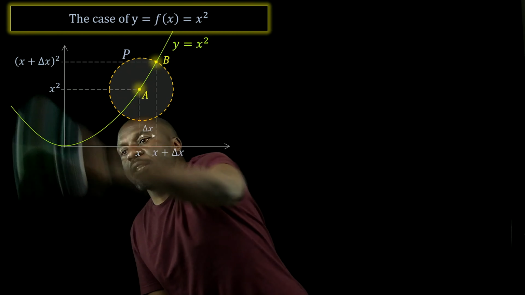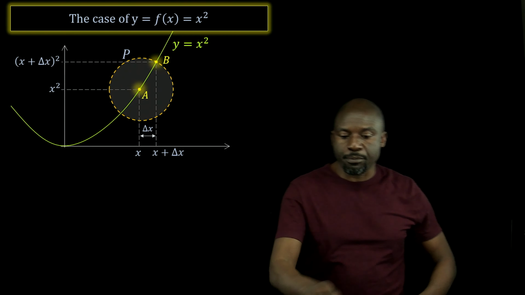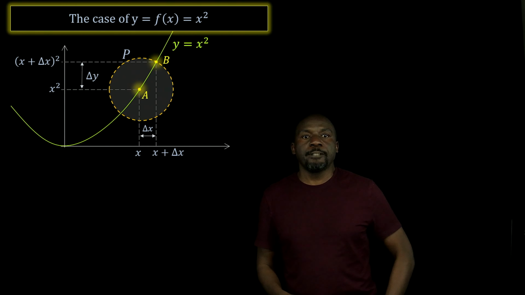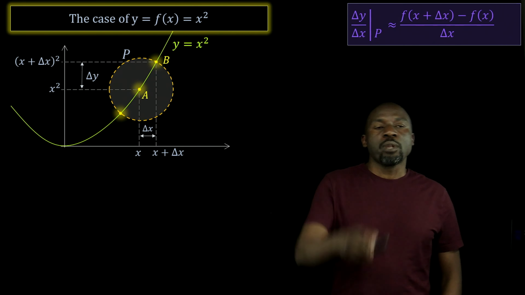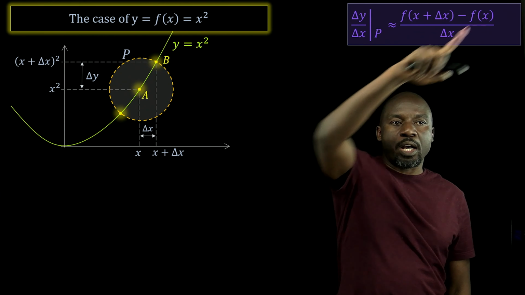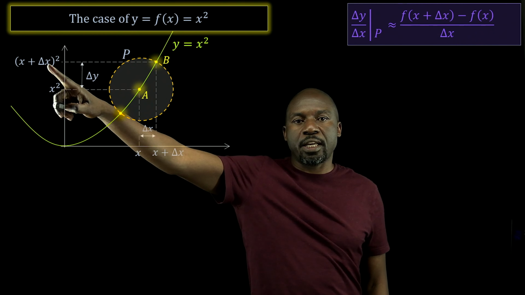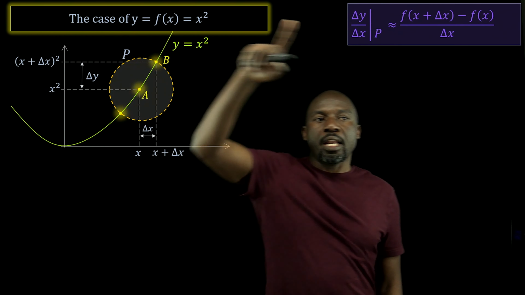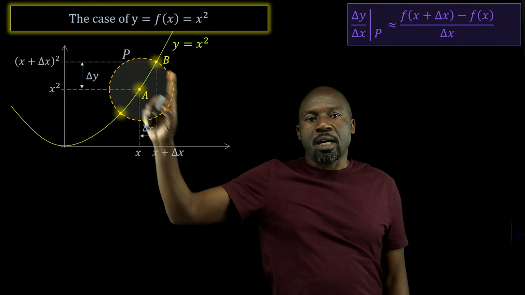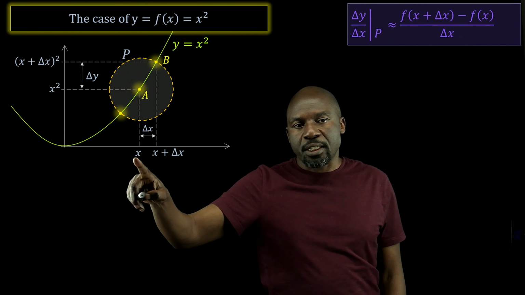And so, knowing this, we can replace this information into the formula for the first principle. Let's see. So that's the formula we are talking about. And so y2 minus y1, our y2 is x plus delta x squared, and our y1 there is x squared. This is our x2 and that's our x1.